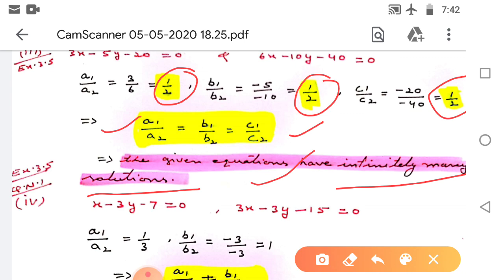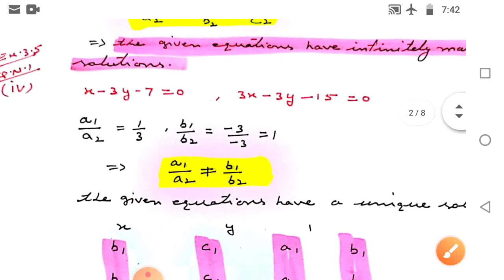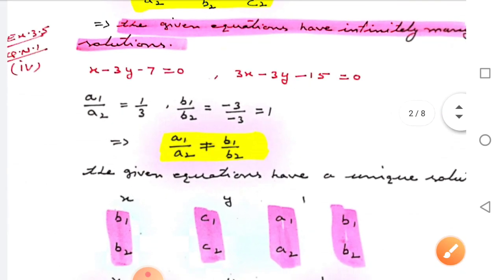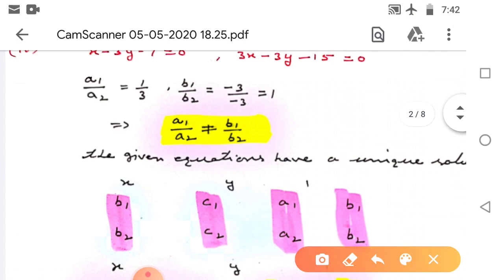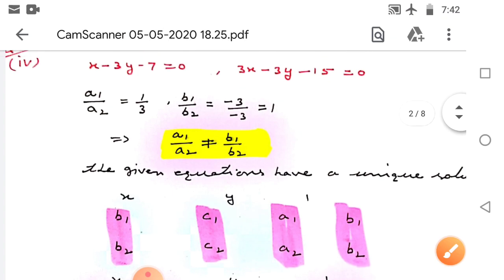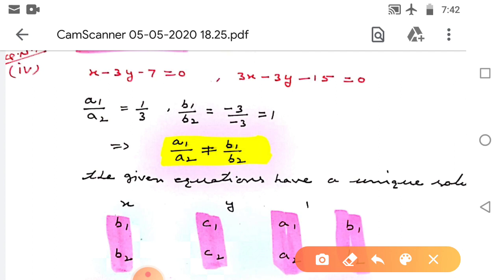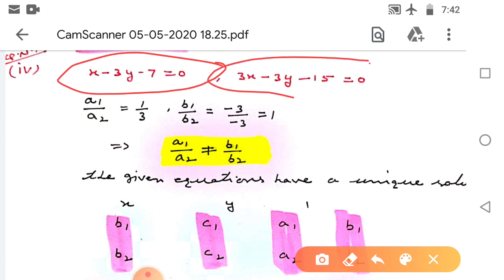Right? Now come to the fourth part of this question 1. So now the first equation, x minus 3y minus 7 is equal to 0. Second equation is 3x minus 3y minus 15 is equal to 0. Again, value of a1 upon a2 is 1 by 3.